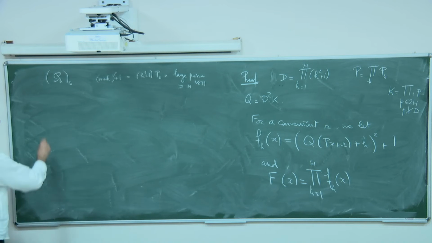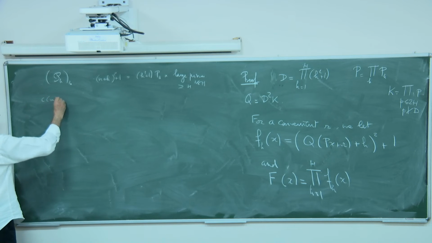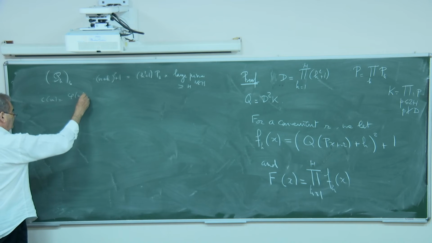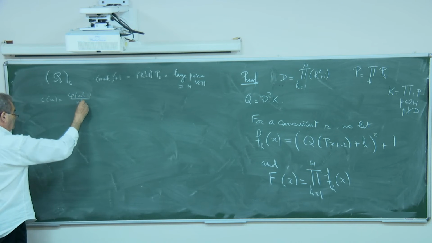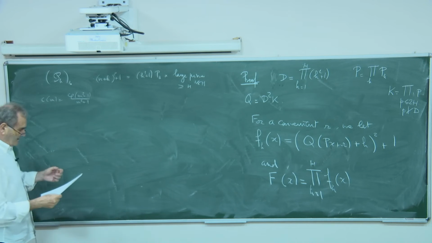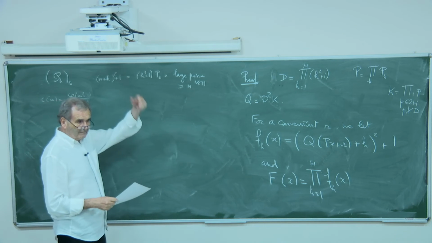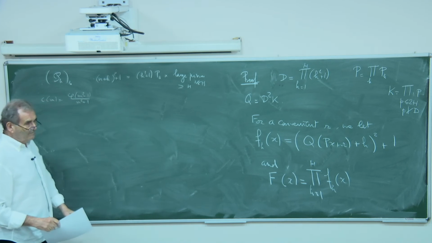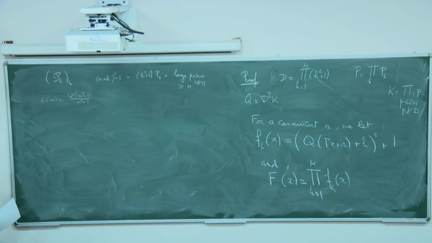I'm a bit fed up with writing phi of m square plus 1 divided by m square plus 1, so this is C_m. Of course, what we want to do is to apply the initial lemma. By a good construction, all that is at our disposal, and we can choose them exactly as we wish.